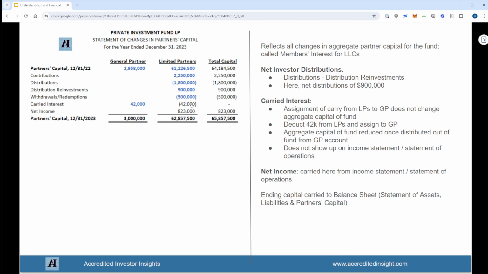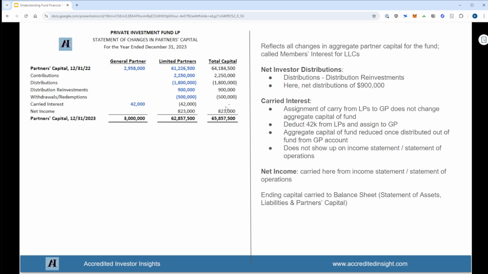in respect to the income statement when we talked about performance fees, which are not carried interest. The carried interest is actually taken out here on the statement of partners' capital, and it's pretty much a non-event for the total capital of the fund, right?